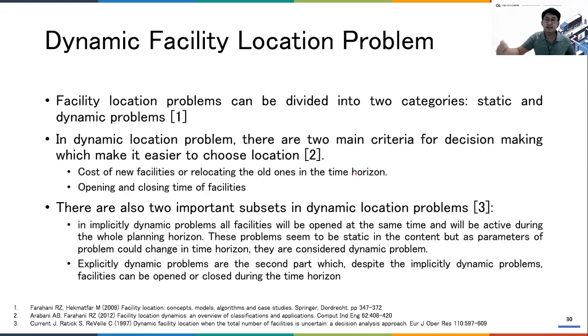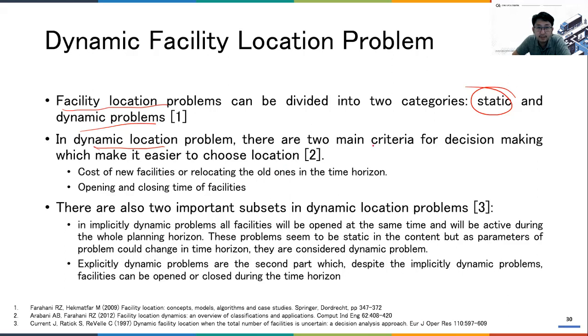My goal in introducing dynamic facility location is only to let you know that facility location problems can be considered as static and dynamic. Dynamic problem means that during the decision making process, new information appears, and then how can the decision that you already made earlier deal with this new information?